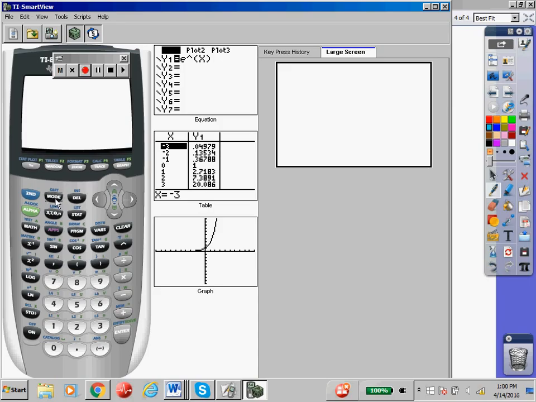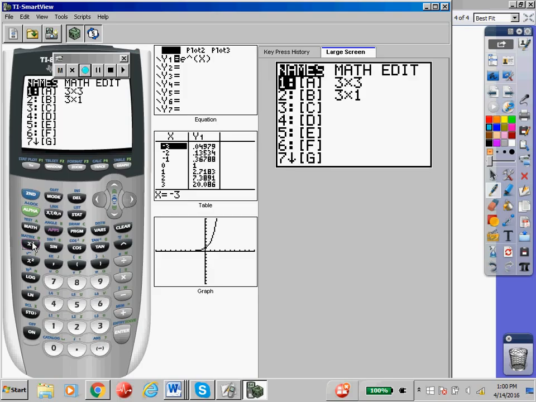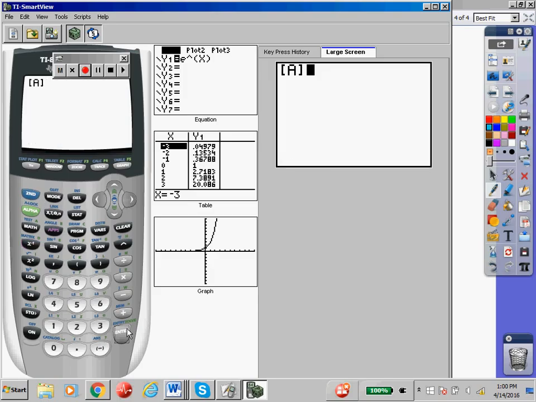And now what we need in order to solve a matrix equation, it is always A inverse times B. Matrix multiplication is not commutative, so you can't say B times A inverse. It'll give you an error. So watch what we're going to do now. Is everybody with me? Okay, press second matrix, and under name, you just press enter.